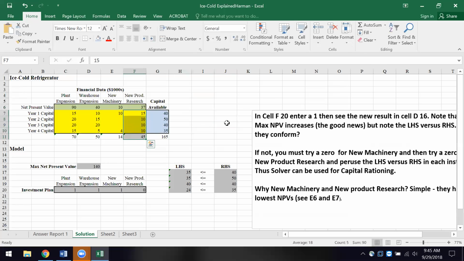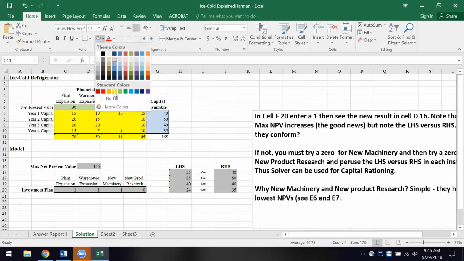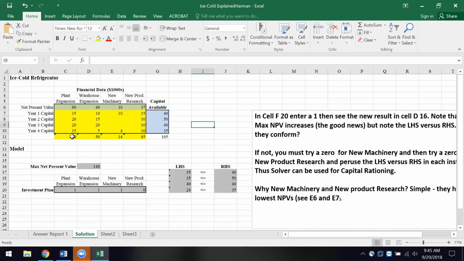We'll get this a little bit organized. And these are totals here, so I'm going to highlight them and make them bold.